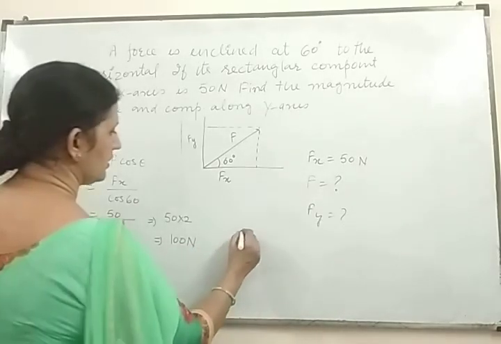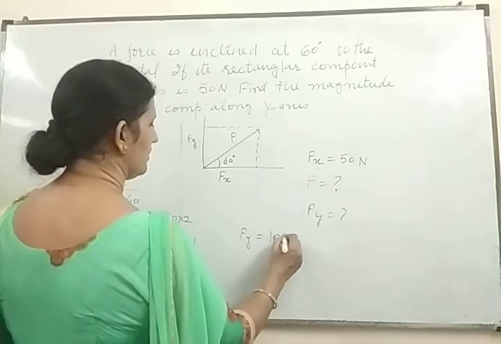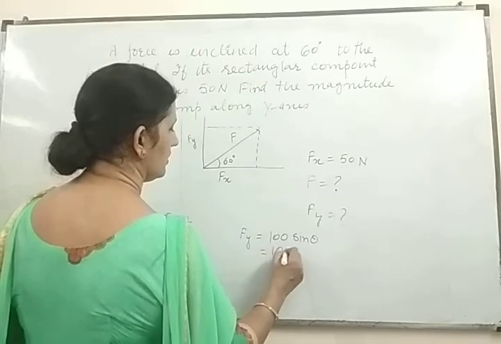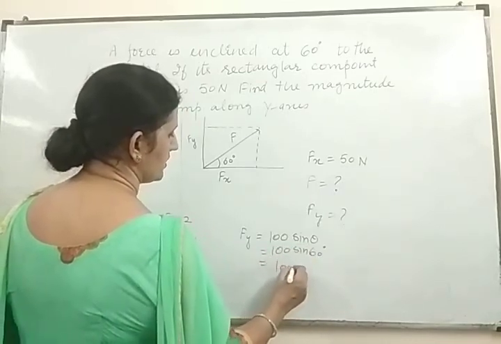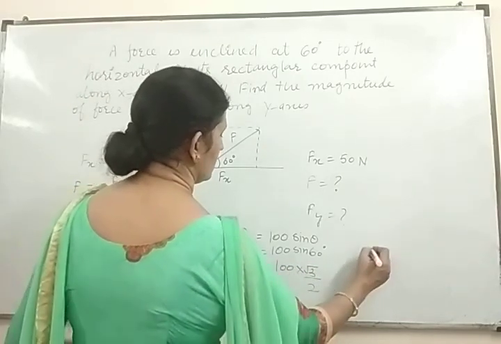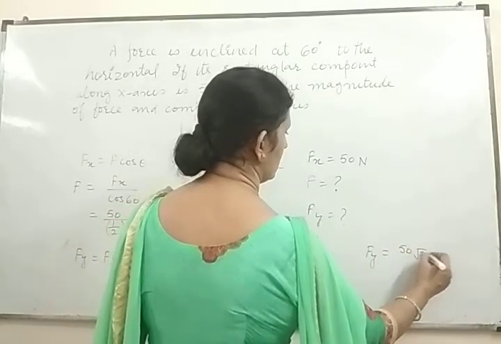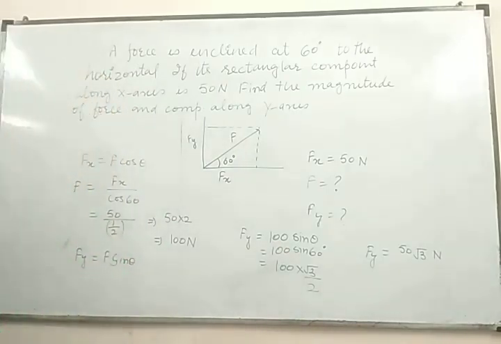Put the values here. Fy is equal to 100 sin 60 degrees. What is the value of sin 60 degrees? This is root 3 by 2. So Fy comes out to be 50 root 3 Newton. So these are the values. In this way you can solve the numerical. Note it down in your notebook.